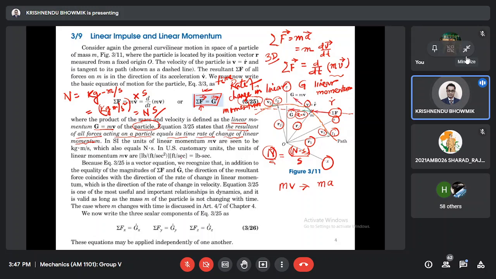Now, when we talk about summation F or G dot, they are equal. Component wise, summation Fx, Fy and Fz are written like this.